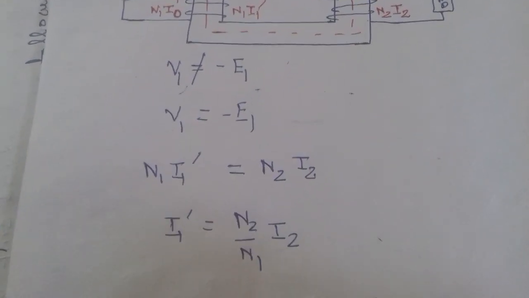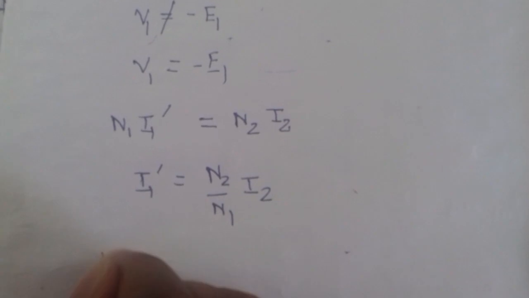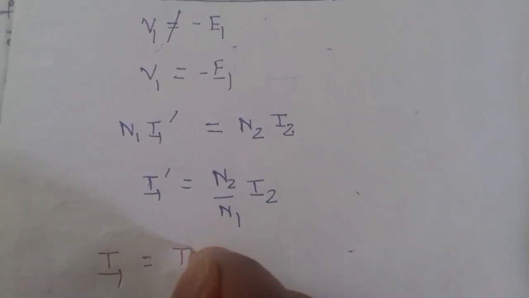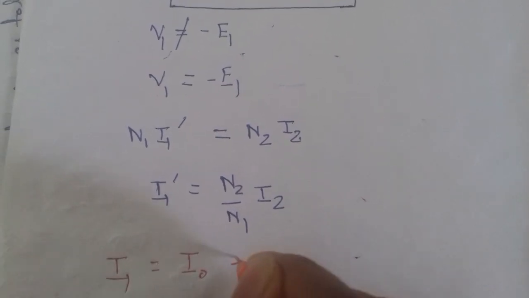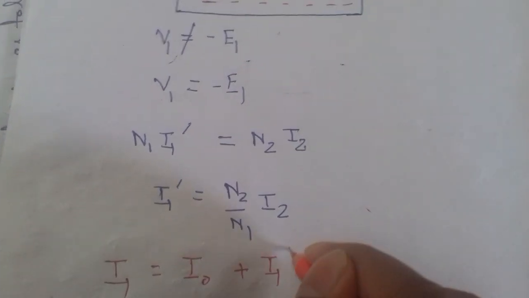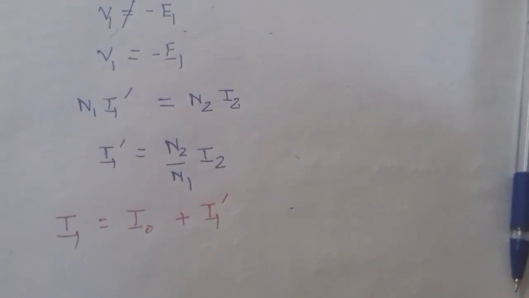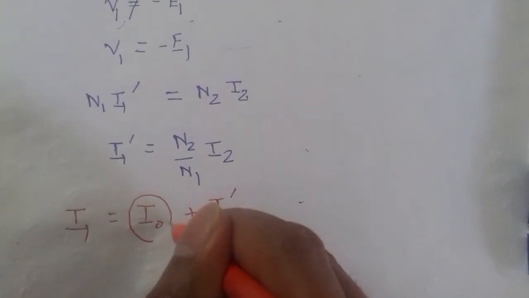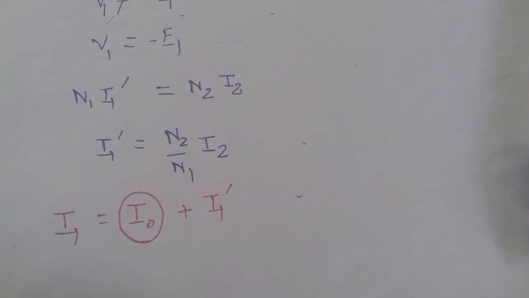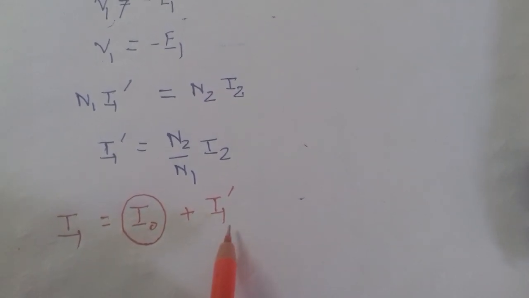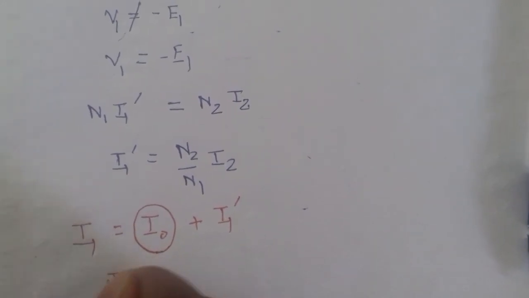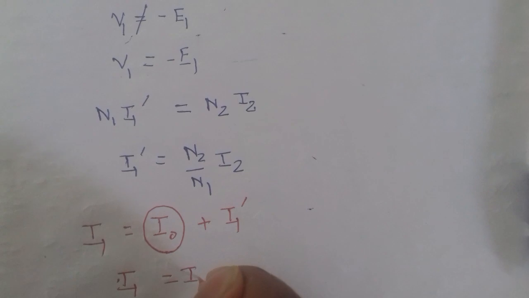Now the primary current I1 is the sum of I0 plus the counterbalancing current I1 dash. As the no load current or exciting current is very much less than I1 dash, which is the counterbalancing current, we put I1 equals I1 dash.